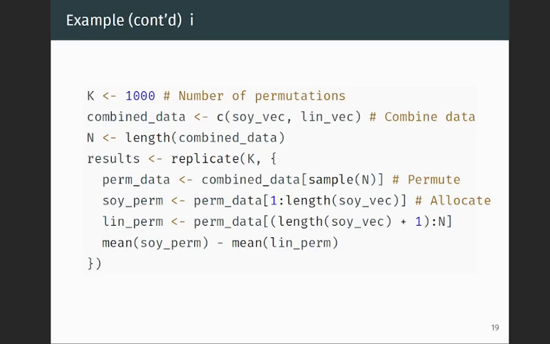And you can see here I'm using perm data, and then I want to start at little n plus 1 and then go all the way to n, capital N. And so this is why I have perm data bracket, and then in parentheses length soyvec plus 1. This will be little n plus 1. And then finally, once I've allocated those two groups, I can take their sample means and take the difference. So I get mean soy perm minus mean lin perm. And again, of course, this is in a replicate function, so I'm replicating this k times.